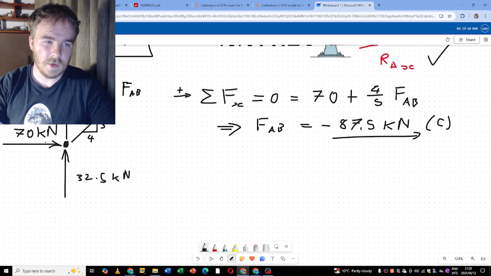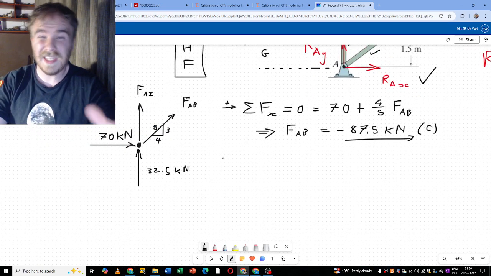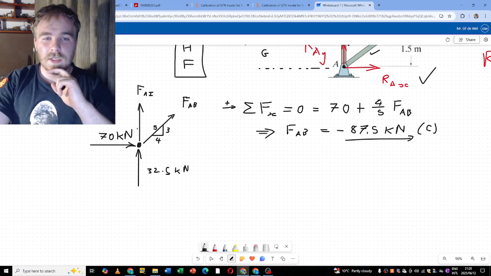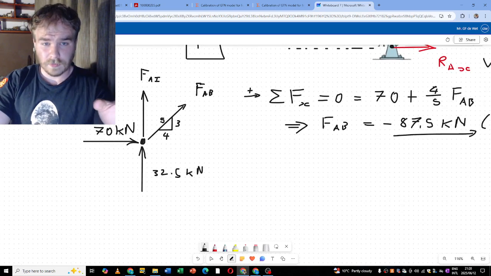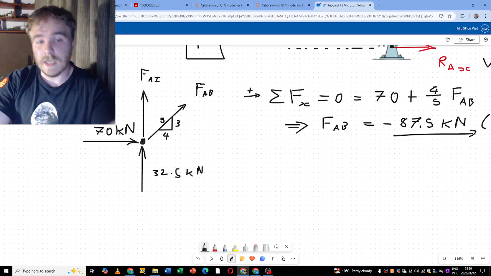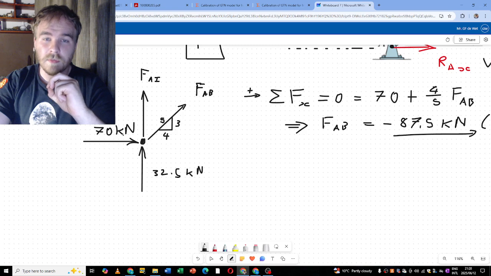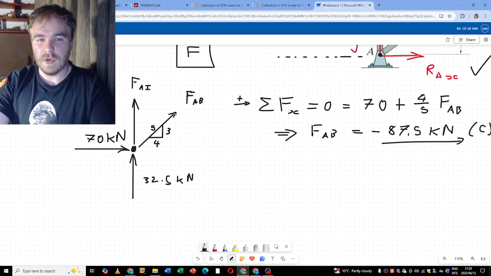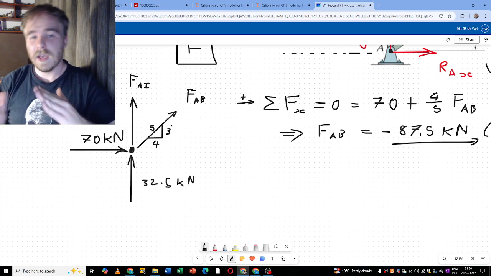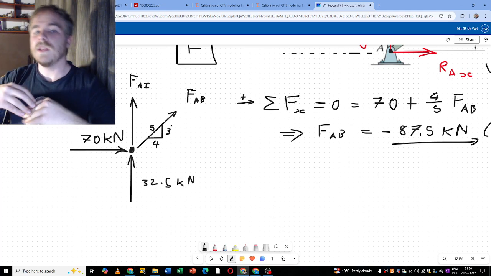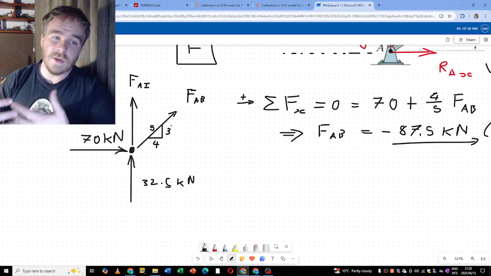And it makes sense, because if we look over here, and I'm going to keep doing that because this is critical in engineering, if what you see doesn't make sense with what you calculate, you need to question your calculation because it might be wrong. And it often is, but it makes sense in this one because FAB is not entirely aligned in the x direction, but it needs to resist 70 kilonewtons.